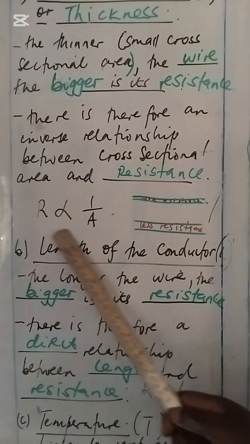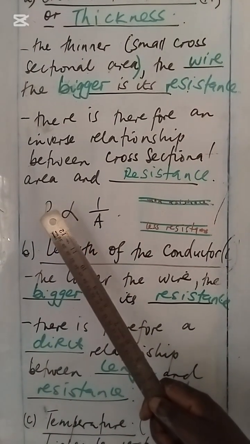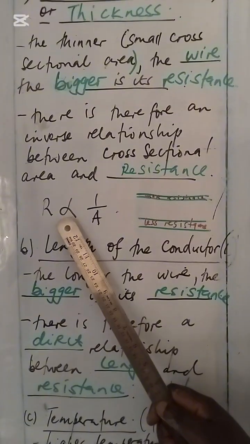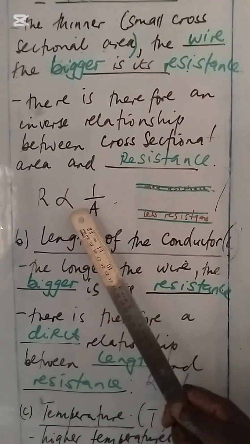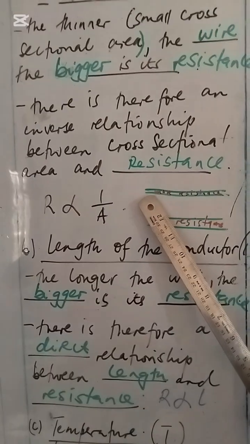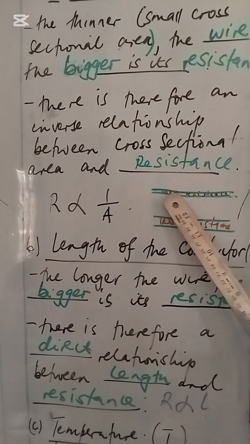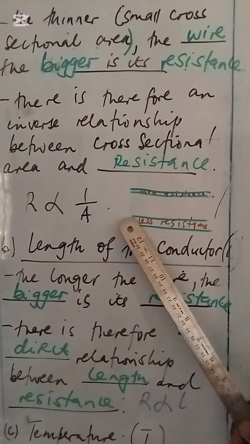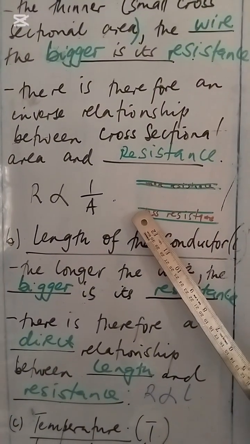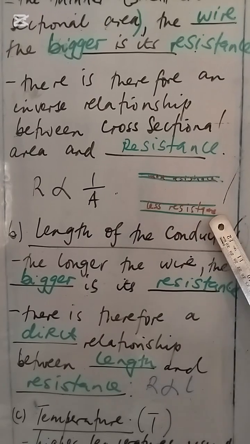Then it can be mathematically written as follows, saying that resistance is inversely proportional to thickness. Look, the thinner the wire, the greater the resistance. The bigger, the thicker the wire, the lower the resistance.